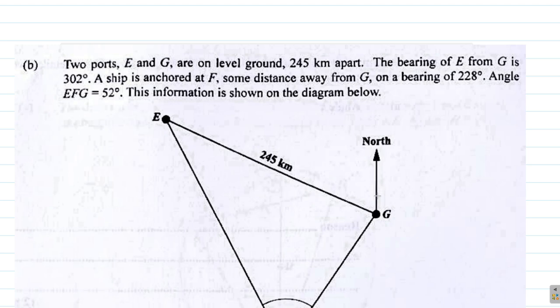Well, it's drawn already. And your arc. Bearings are measured from the north in a clockwise direction. So you end that arc on the straight line between E and G, and that angle is 302 degrees. Alright?